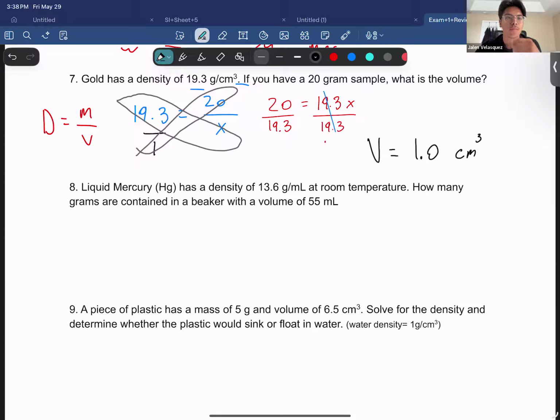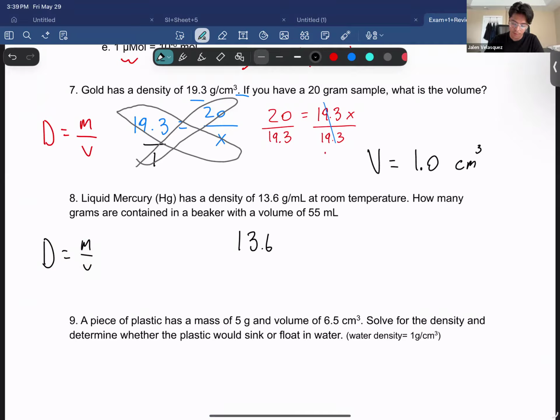So, density is 13.6 gram per milliliter. That's equal to the mass, which is X, right? We don't know that, divided by the volume of 55 milliliters, right? So we're solving for X up here in our numerator.